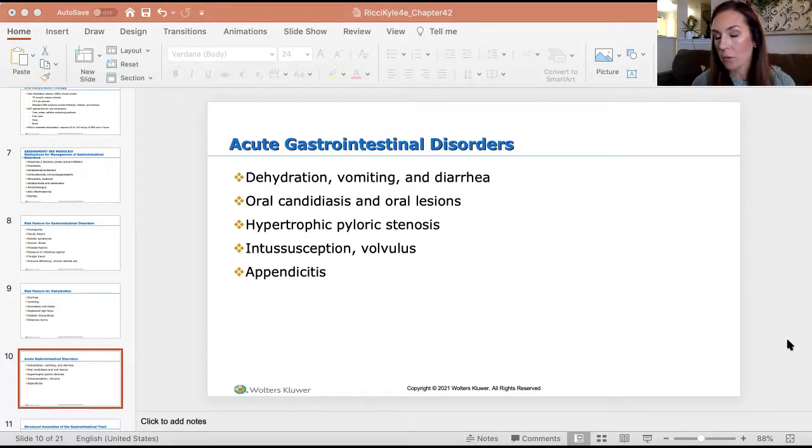So small, frequent meals. Don't fill them up with a full bottle and then lay them down flat. Okay. So another thing that we can do is we can actually thicken their formula just a little bit if they're to that certain age range, usually about the 3-month mark. You can start thickening up their formula just a little bit with maybe some rice cereal, and that way the fluid is thicker, so it settles down in the stomach.